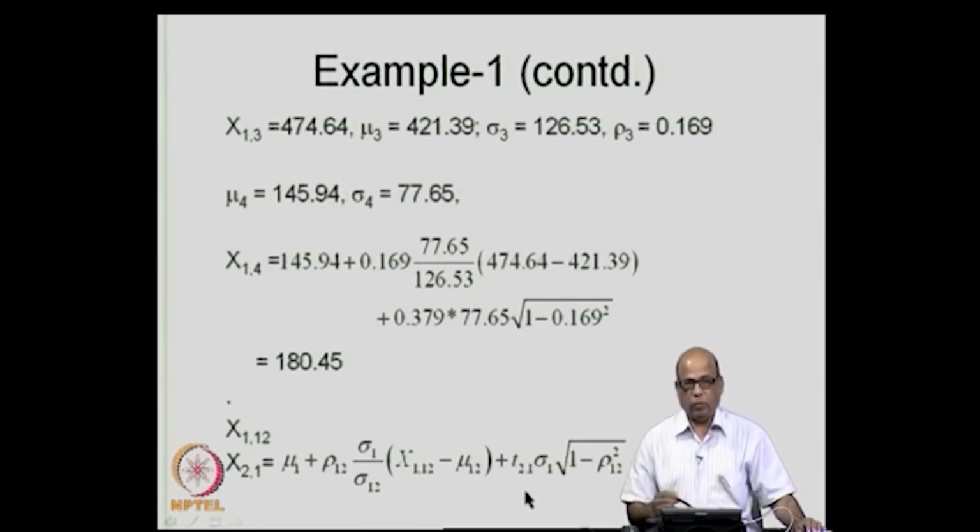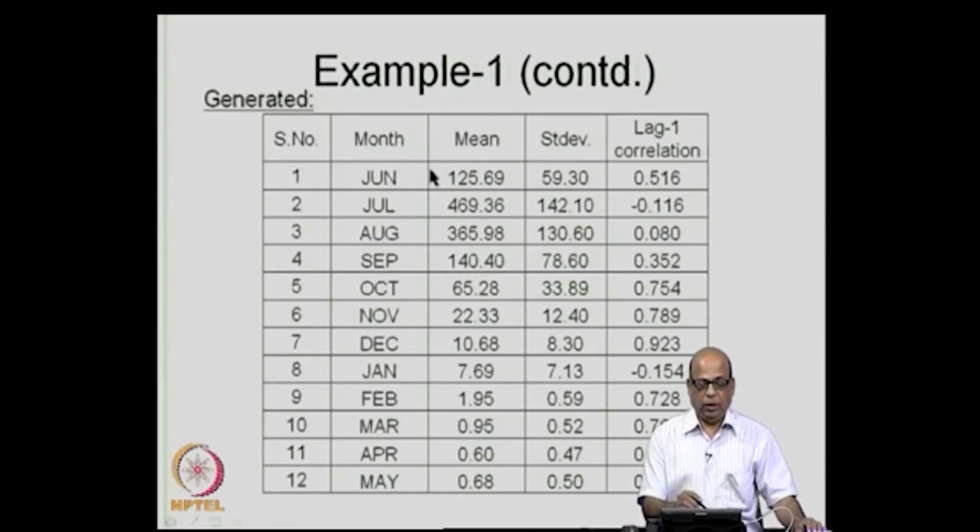We generate the values and then compute the mean, standard deviation and the lag 1 correlation of the generated data. Typically, when we do this, we discard the first few values and compute the mean, standard deviation and lag 1 correlation of the generated data.